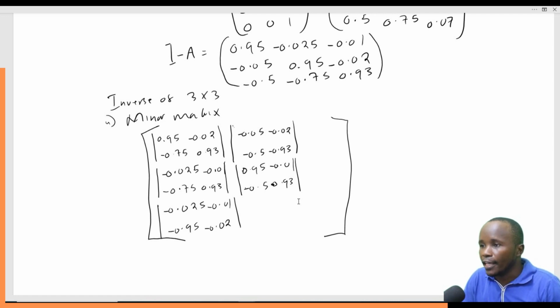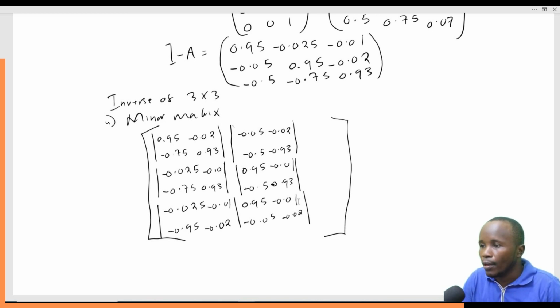Third row, second column, we get 0.95, negative 0.01, negative 0.05 and negative 0.02. Lastly, we go to that first column, that first row.